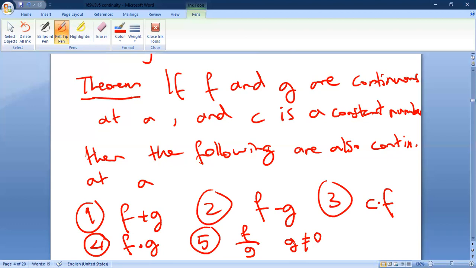If g is 0, f over g will be undefined, then we cannot talk about continuity. So I should be more careful here: g of a, we don't want it to be 0.